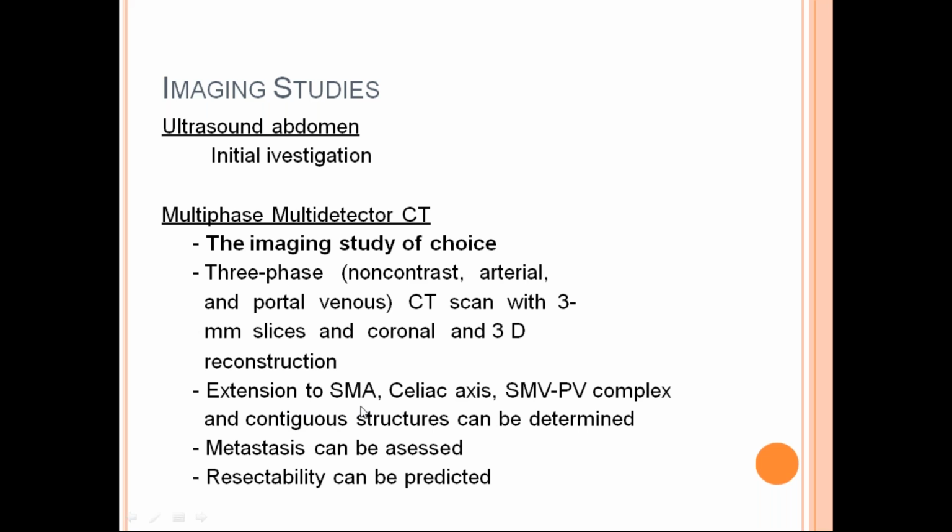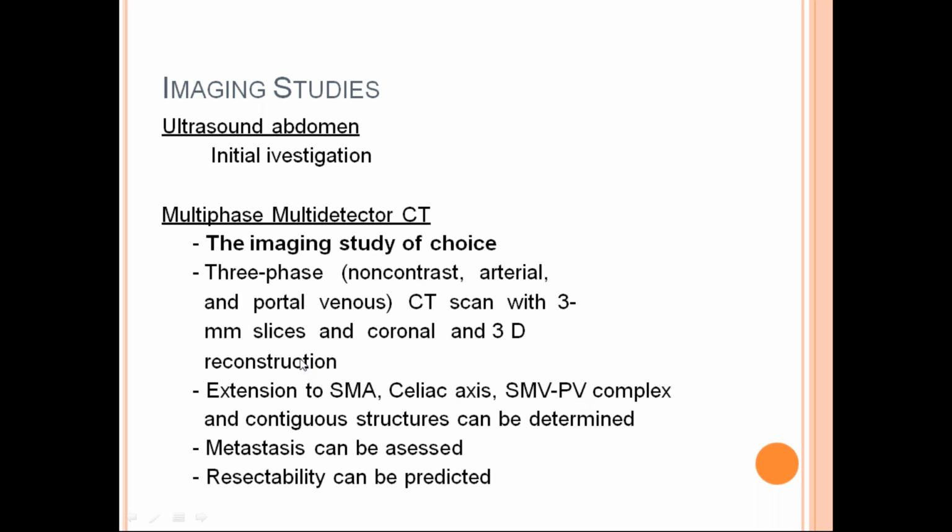We have to check whether the mass extends to the superior mesenteric artery, celiac axis, superior mesenteric vein, or portal vein complex, because depending on this, our further surgical management will be decided, whether it is resectable, borderline resectable or unresectable.